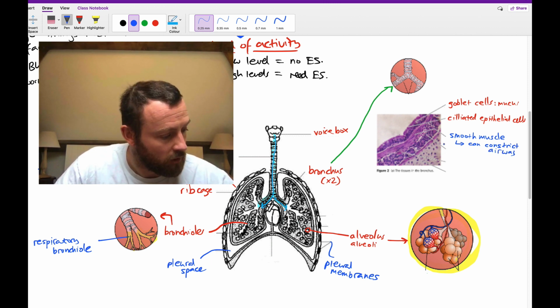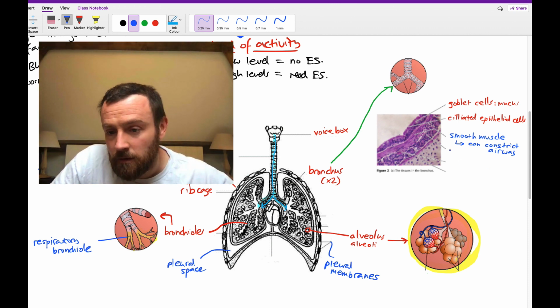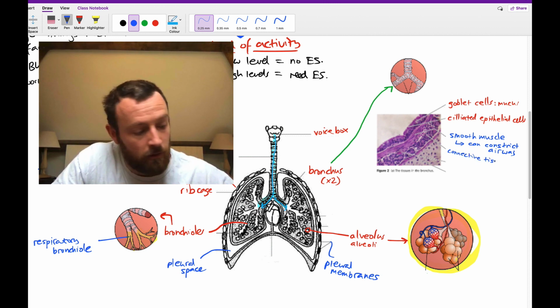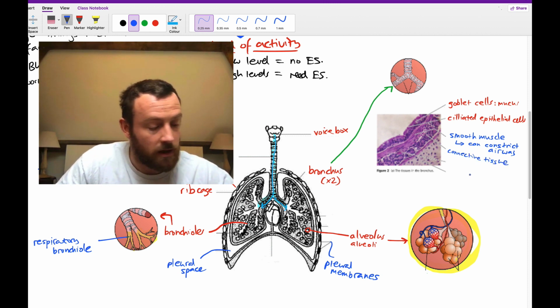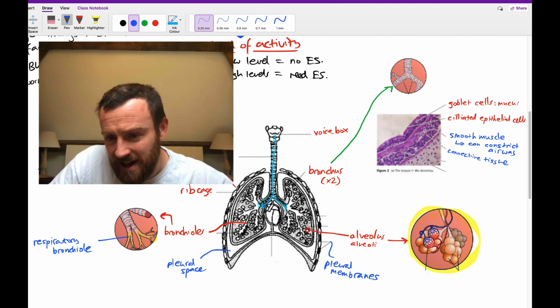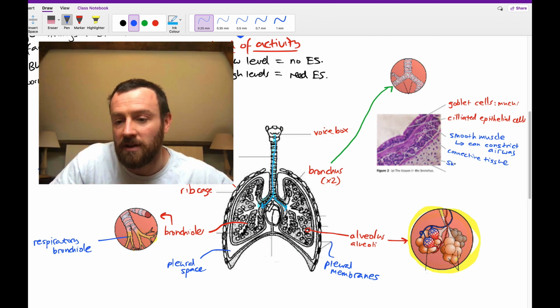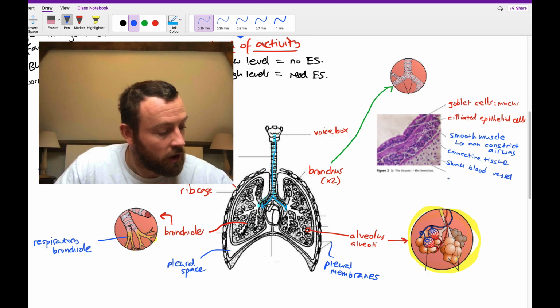And then underneath we've got connective tissue. Small blood vessels. You can just about see the red in the middle there. Small blood vessel. And down here we've got the cartilage itself.